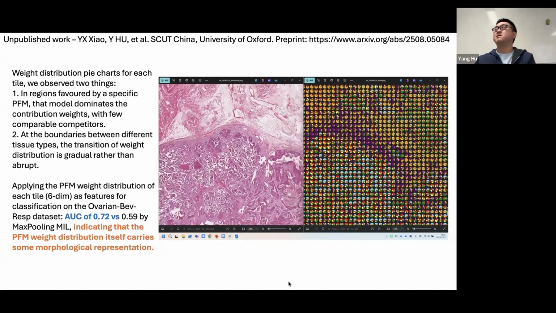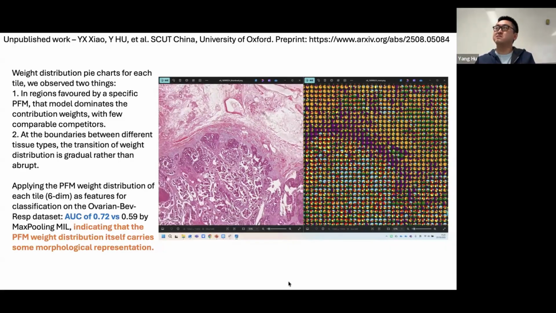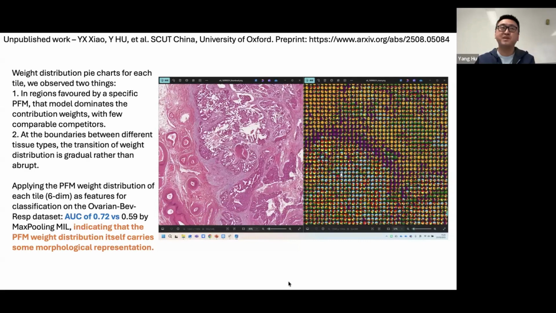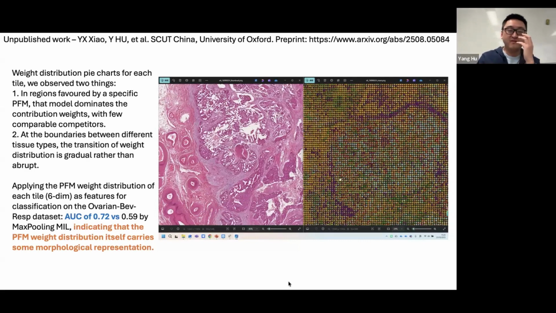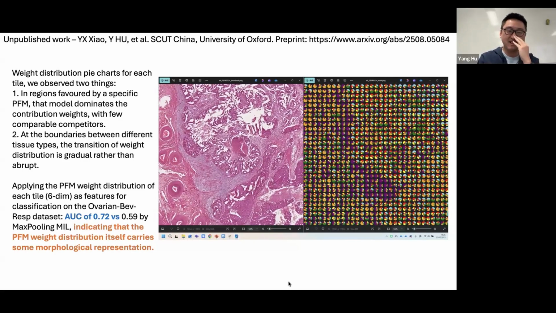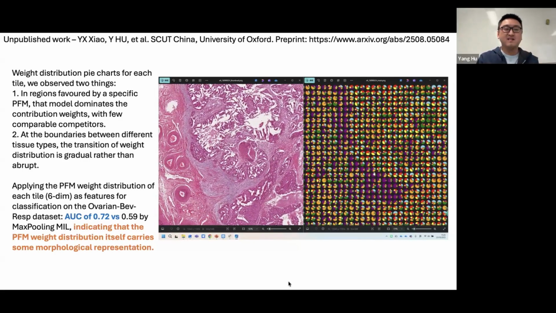So that means based only on these pure morphological features, the pathology foundation models' preference as a feature itself already carries some morphological meaning, right?